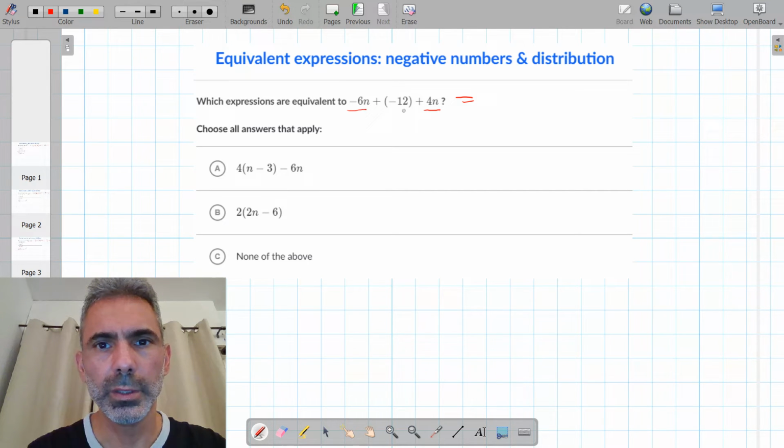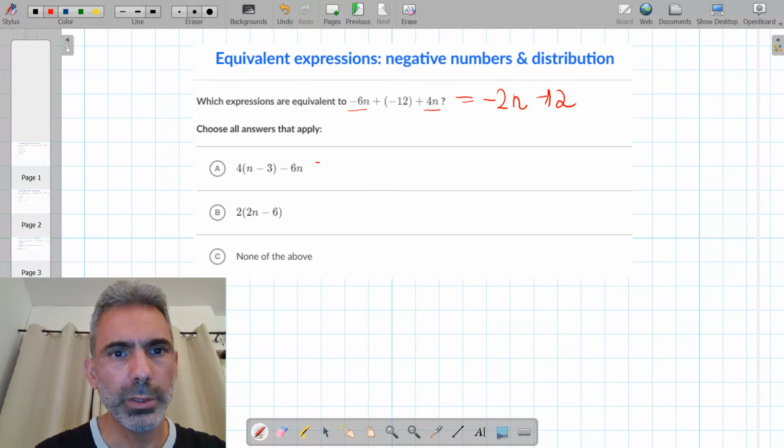So the result is the difference between the two. 6 minus 4 is 2, and the result is negative because 6 is greater than 4, so the result is minus 2n when we combine these two terms. And then we have a negative 12. When we add negative, it's like subtracting. So minus 2n minus 12.